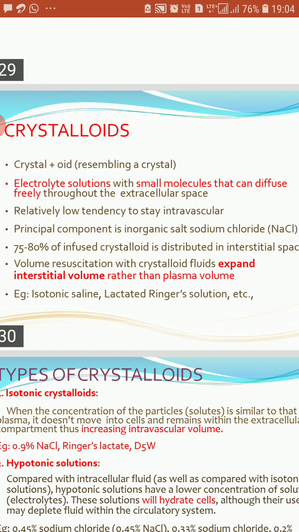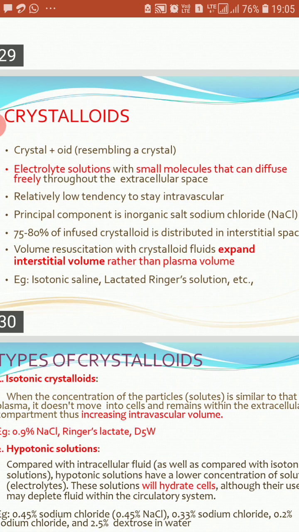Because of their low molecular weight, they have a low tendency to stay intracellular. Mainly we have sodium chloride. 75 to 80% is distributed in the interstitial space. So basically they are not expanding the plasma volume. Volume expanders were mostly colloids, and crystalloids reach the interstitial space and expand that interstitial volume more.